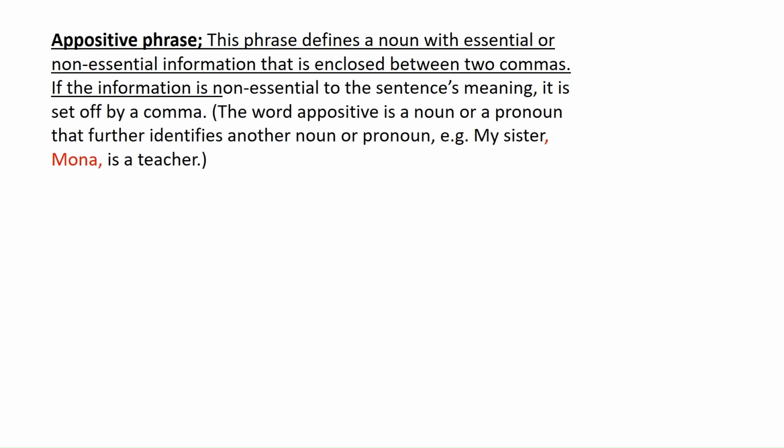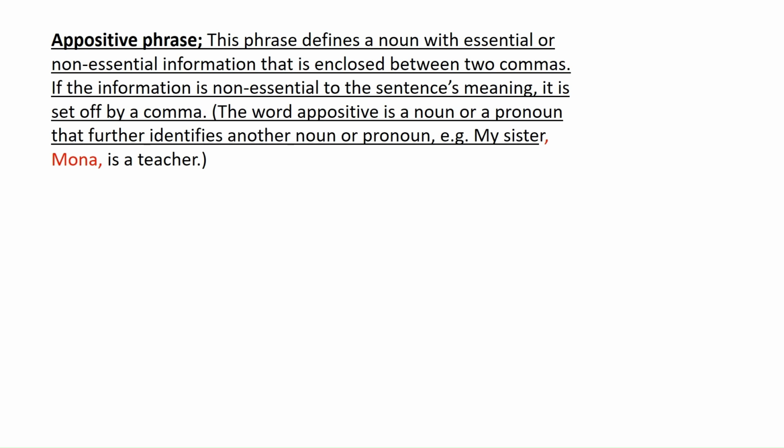My sister Mona, or my sister, whose name is Mona, is a teacher. Also, Omar, my brother, is a scientist. And here, the speaker or the writer is trying to inform the listener that Omar, whom I'm telling you about, is my brother. And this is essential to be known.